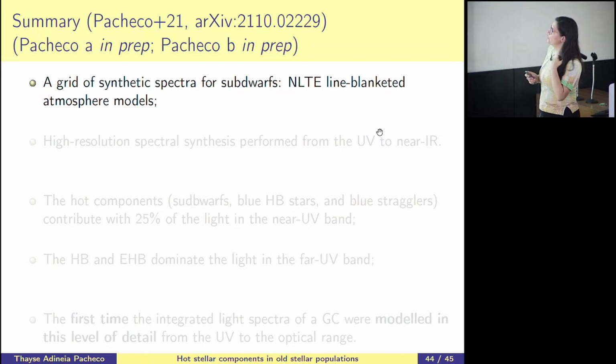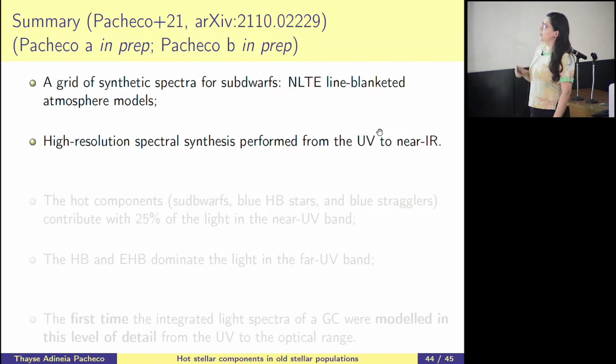And just to summarize, I presented a grid of synthetic spectra for subdwarfs built in non-LTE line blanketed atmosphere models. We also have a high resolution spectral synthesis performed from ultraviolet to the near infrared.